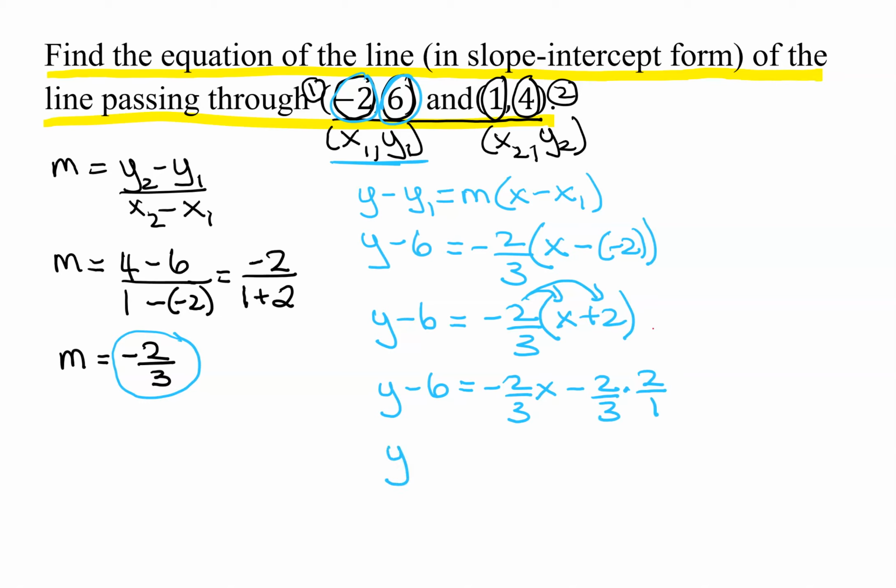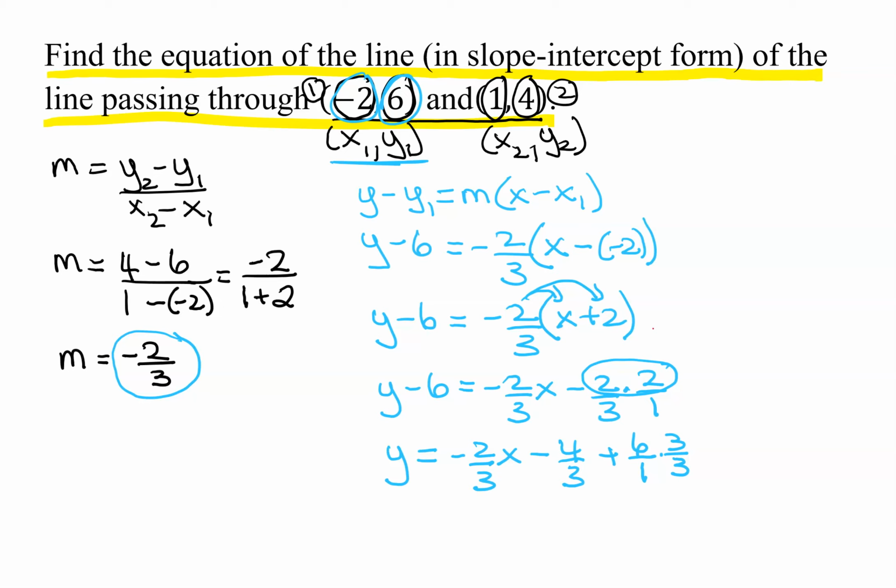So y equals, I'm going to add 6 to both sides, so I'm going to get negative 2/3 x minus 4/3, and then I'm going to add 6 to both sides. And how do I add the negative 4/3 to the 6? I have to have a common denominator. So first of all, write 6 as a fraction by dividing it by 1. And then I'm going to multiply it by 3 over 3 to give me my common denominator of 3.